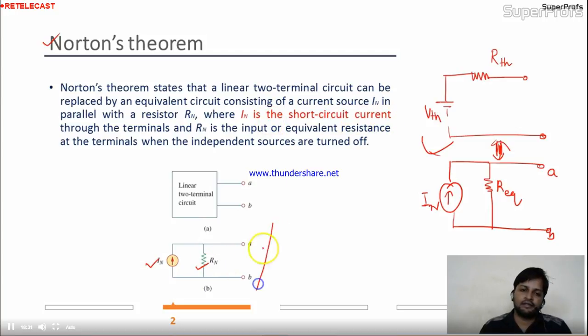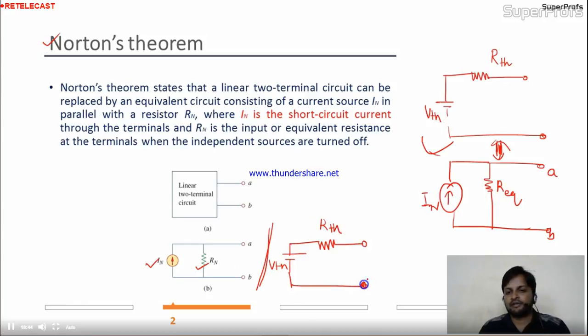See, the Thevenin equivalent of this is VTH and RTH.